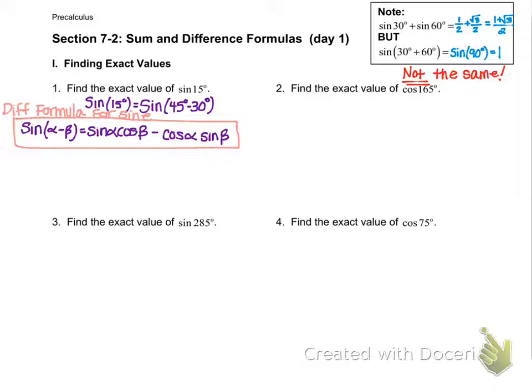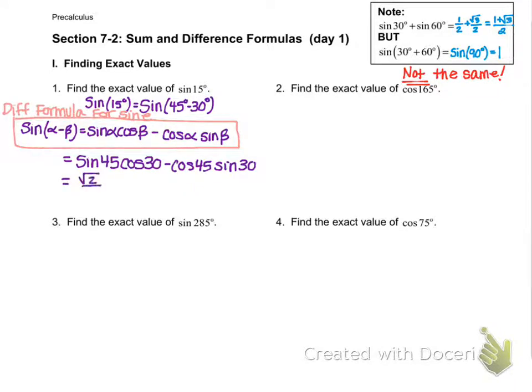So now we're going to replace alpha and beta with our 45 and 30. So this is equal to sine of 45 degrees times cosine of 30 degrees minus cosine of 45 degrees times sine of 30 degrees. And we're going to use our unit circle and come up with the values.